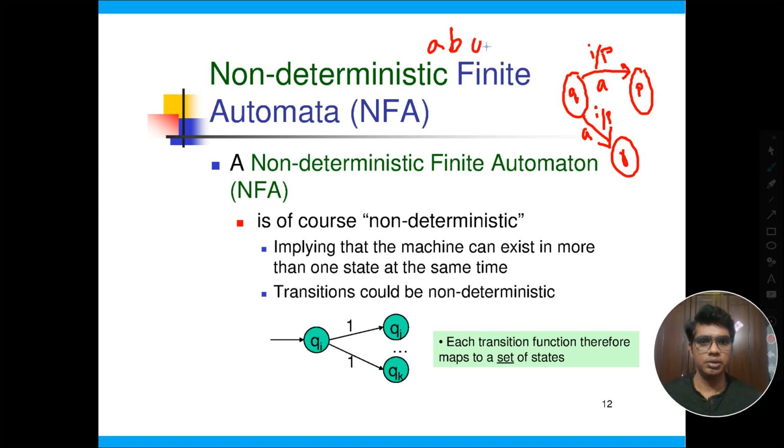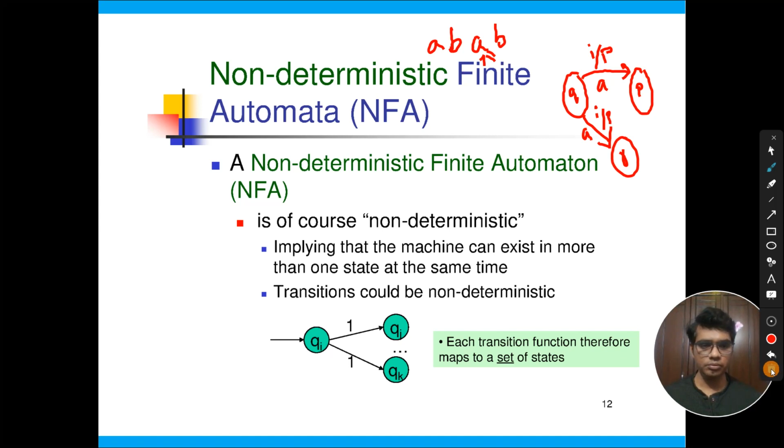When the automata reads the symbol A and it is in state Q, then we are not sure to which state it should move next, right? Either Q to P or Q to R. So that means we cannot determine the next state. In that case, we'll call it non-deterministic finite automata.